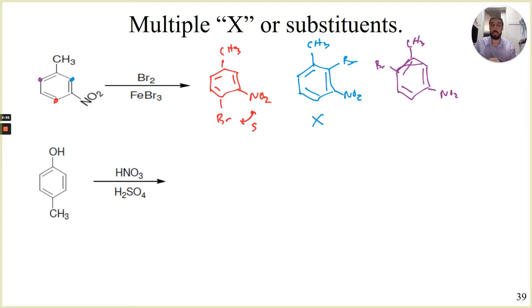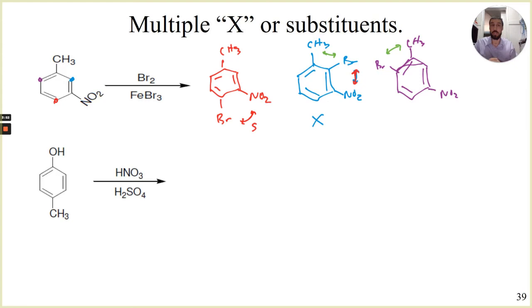We would get that same steric repulsion here. We would get a steric repulsion between the bromine and the methyl that we wouldn't see in the red, but we would also see in the blue. So that blue structure really has 2 steric things pushing against that being a valid product, right?